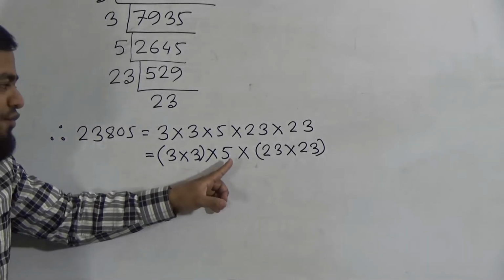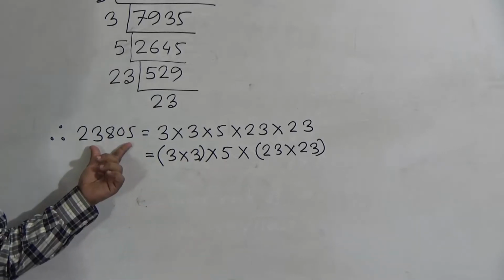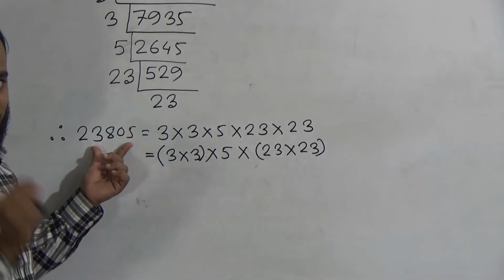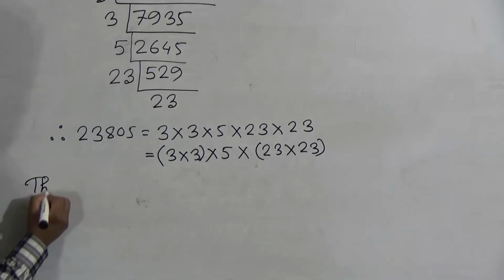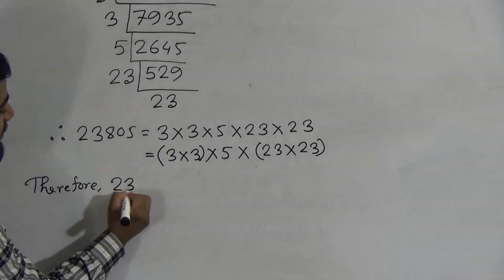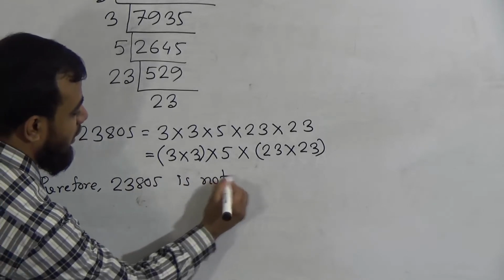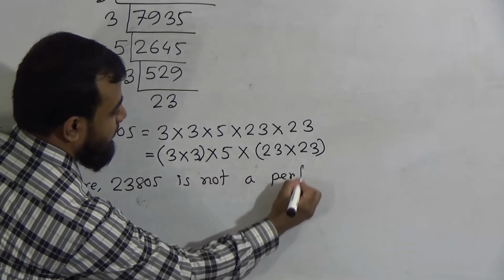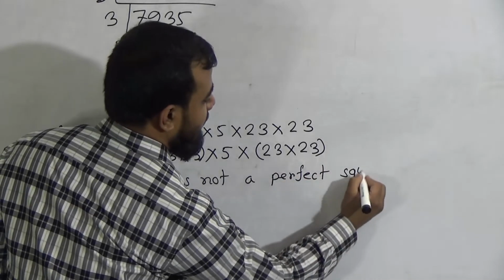That is why 5 needs to be multiplied with 23,805 to make a perfect square number. I hope you have understood. Now we can write down, therefore 23,805 is not a perfect square number.